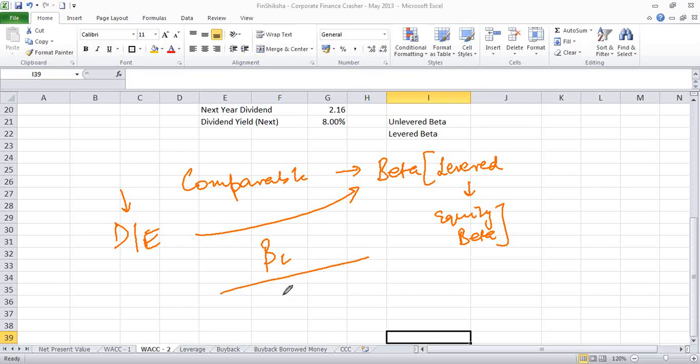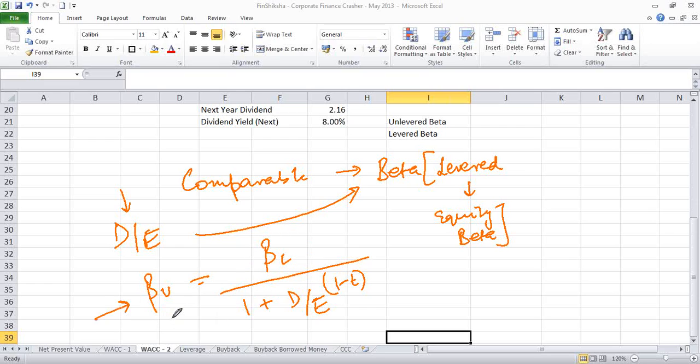You call it asset beta or unlevered beta by using this formula. 1 plus debt by equity of the firm into 1 minus T, because debt you take 1 minus T. You will note that debt by equity will be a number greater than or equal to 0, which means when you calculate beta unlevered, this will always be less than beta levered.